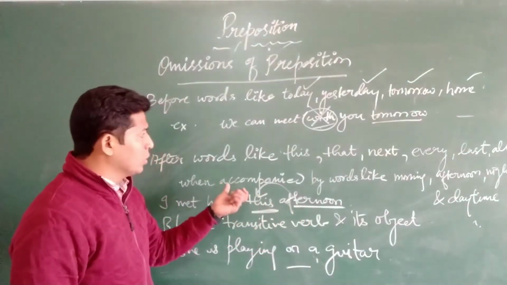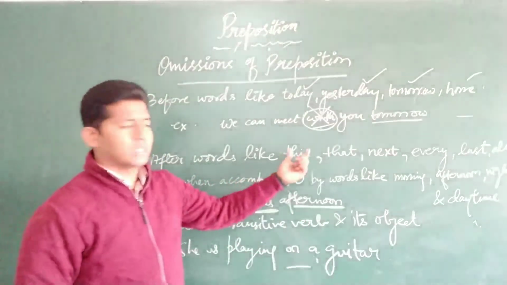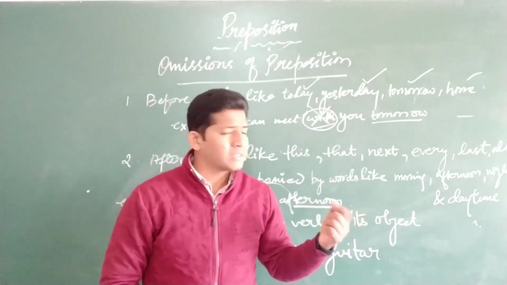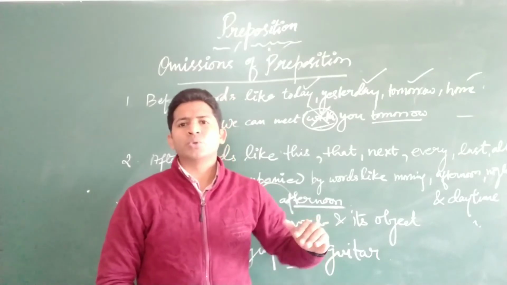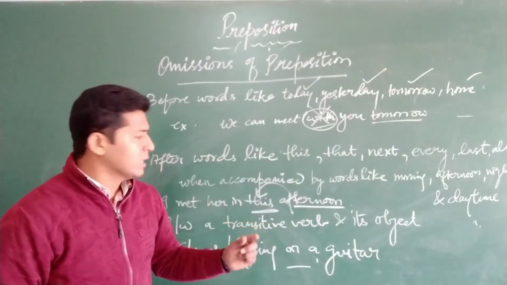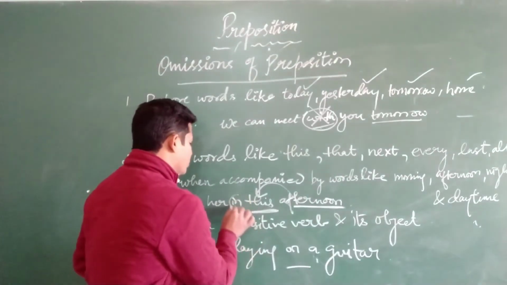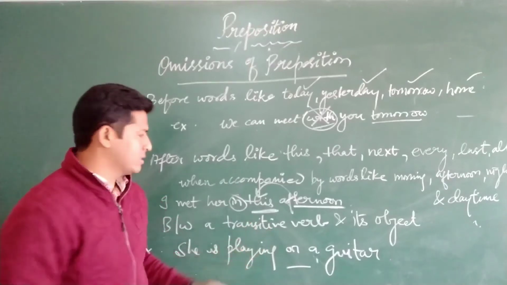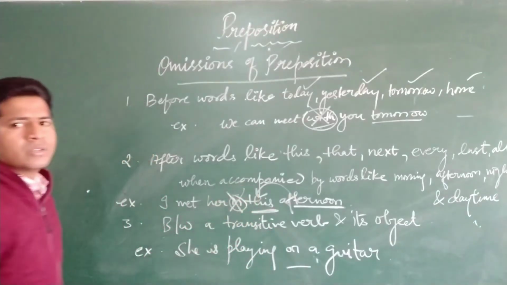So if after words like this, that, next, every, last and all, you find words like morning, night, daytime, afternoon or evening, there is no need to use in. So I met her this afternoon will be the correct sentence. Without in.